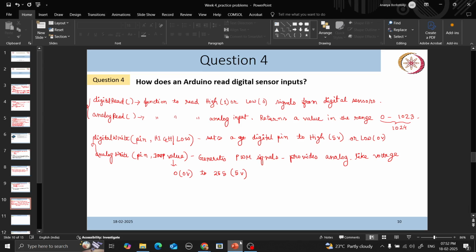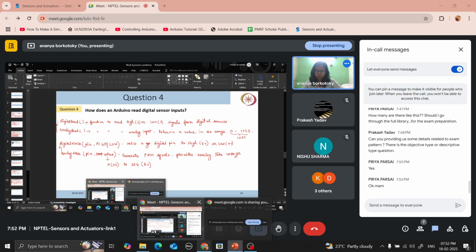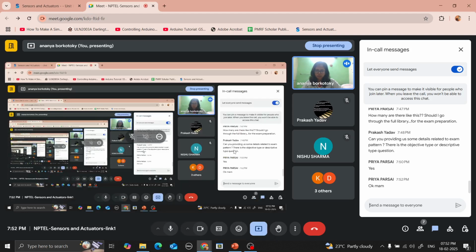And don't get scared of programming. This is a course for sensors and actuators, not for C and C++. You are expected to know the contents of sensors and actuators, not some programming language.